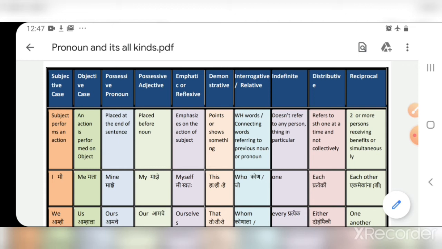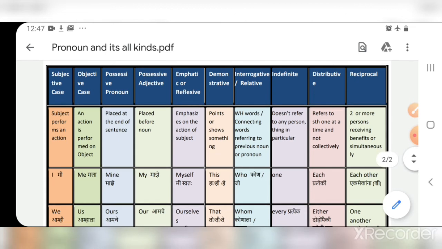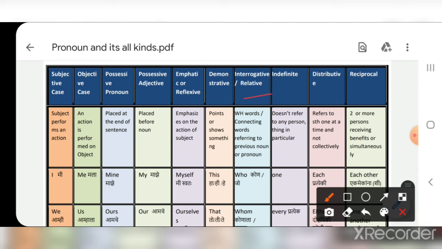For example, I met the person who gave me the gift. Here, who is what? A relative pronoun. That means I met the person, I'm talking about the person. So I met the person who gave me the gift.